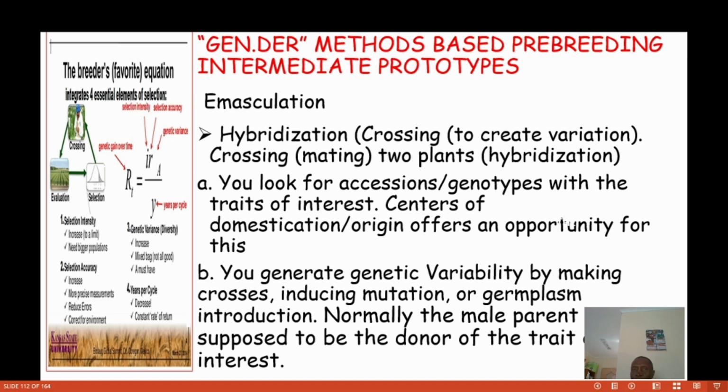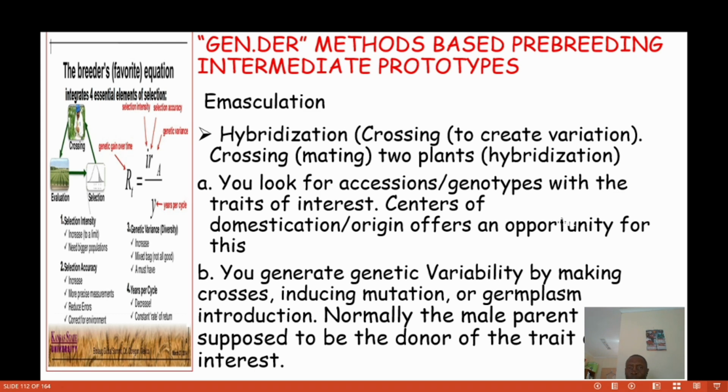So you already have the intermediates which have the traits of interest. And remember, they may have come from centers of domestication, the origin, or existing varieties that the farmers are growing but are not up to it enough. They are not refined enough.